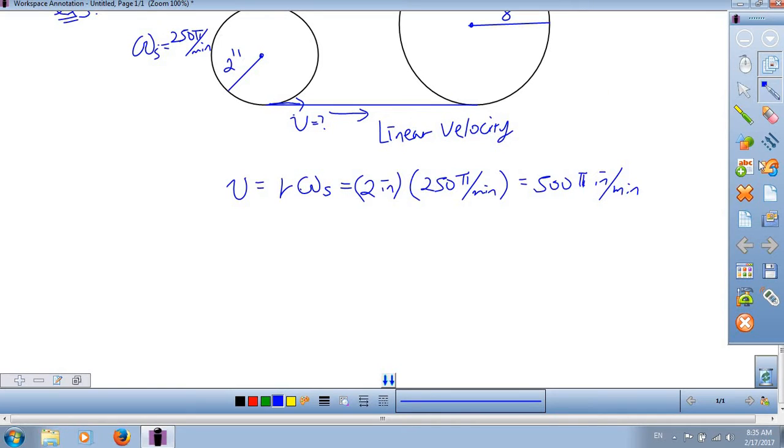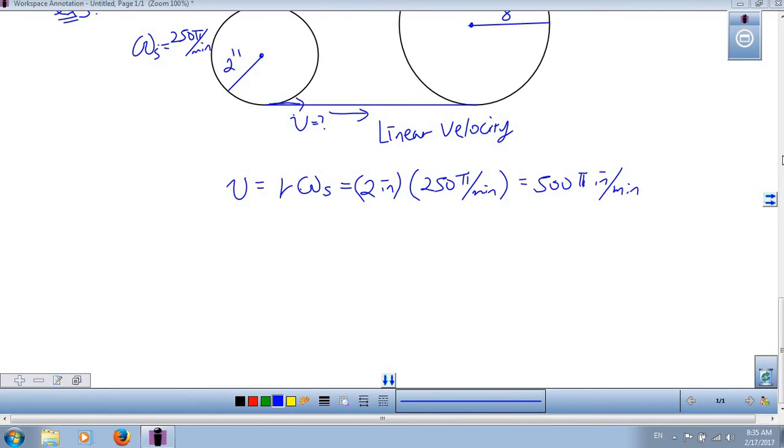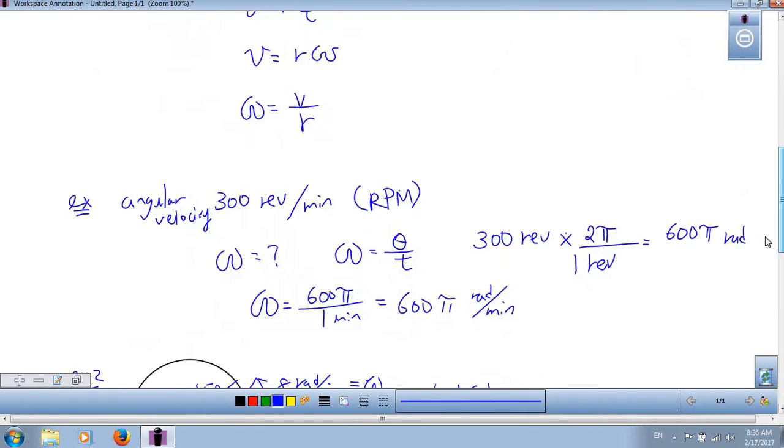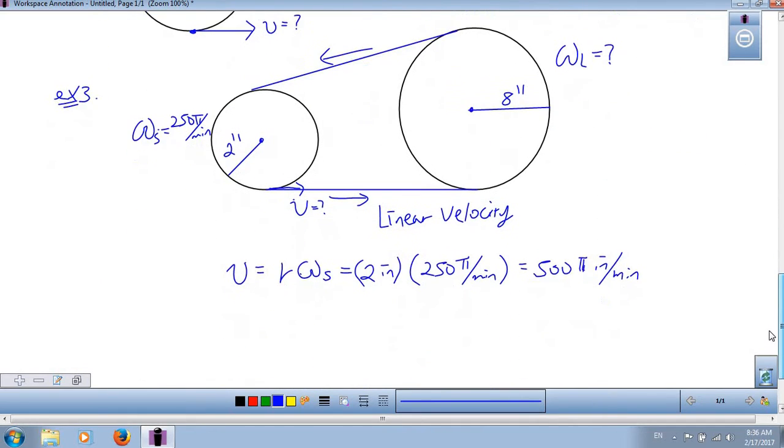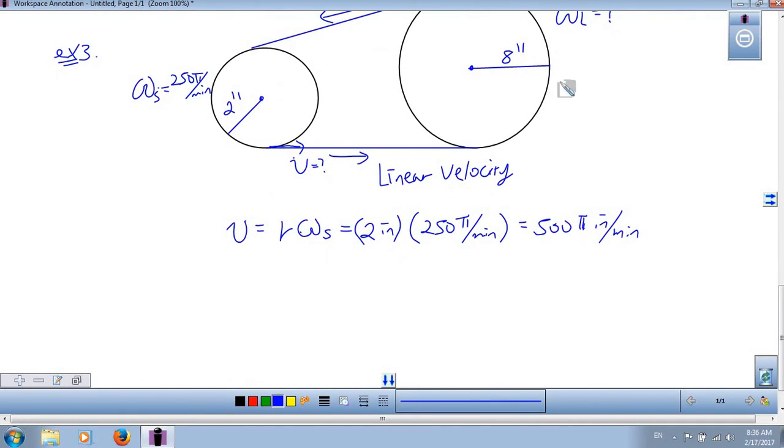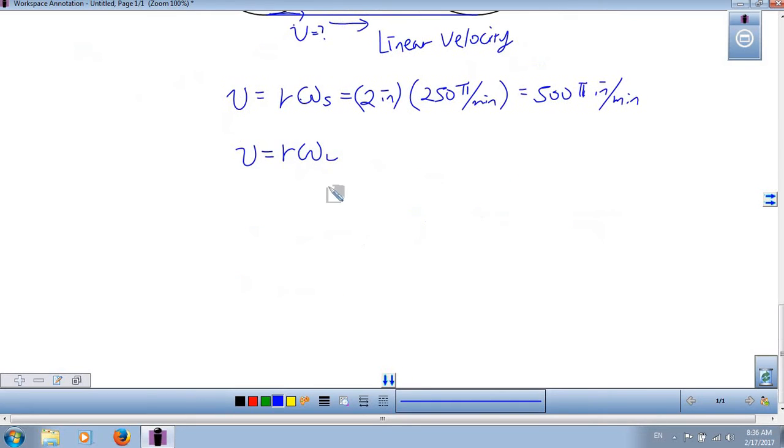When we get to the large wheel, the linear velocity doesn't change, but it will transfer to a different angular velocity because of the different radius. The linear velocity equals the radius times the angular velocity of the large wheel. So we solve for omega L by dividing both sides by r.